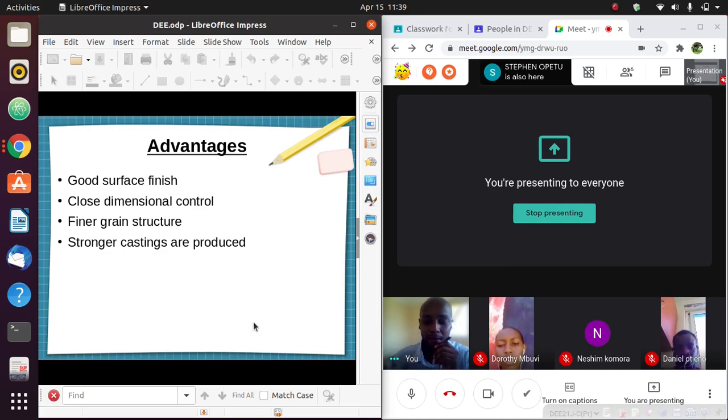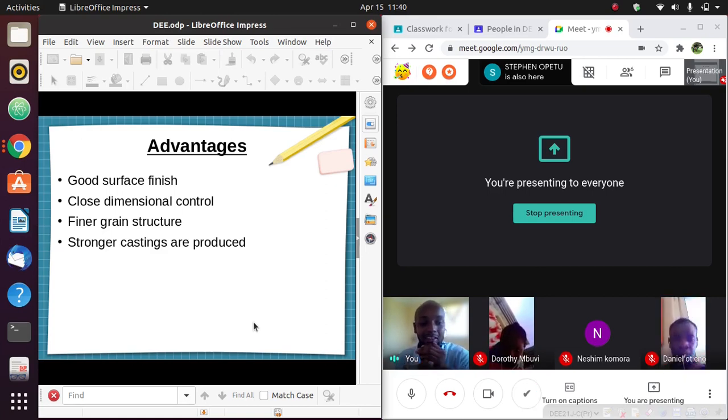You can even imagine the surface of sand and the surface of metal, which will come out smoother. For the permanent one, it will assume the shape of that metal mold, so it will have a better surface. It is also better, the accuracy of the dimensions is better as compared to that of sand casting. If my permanent mold has been constructed in such a way that I'm getting a casting which is 10 centimeters by 10 centimeters, then my final product will be closer to 10 centimeters by 10 centimeters.